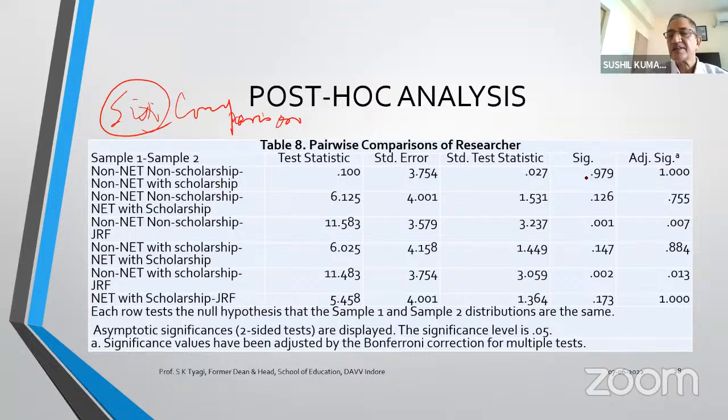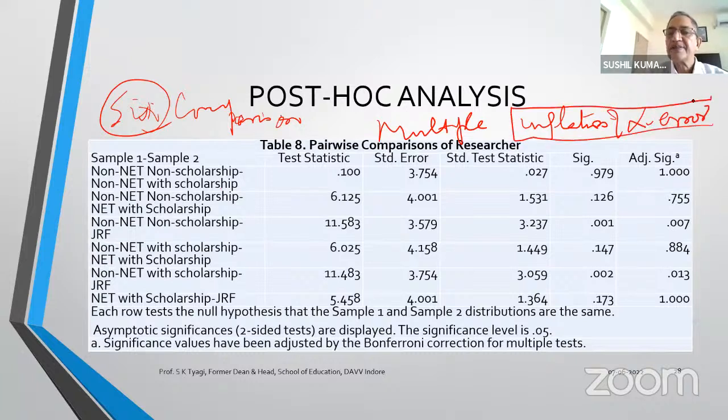This is significance. Whenever you have multiple tests, there occurs an error known as inflation of alpha error. Alpha error is increased, and this analysis corrects this inflation. Therefore, in addition to significance, we have adjusted significance, which is corrected for alpha error. So we have to interpret this one.